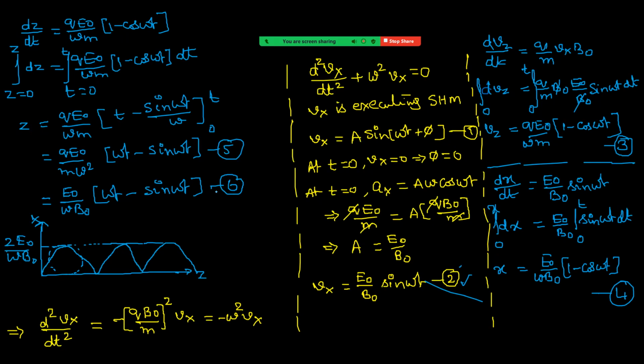That means when you take electric and magnetic fields which are mutually perpendicular, and release a particle, its path will be a cycloid. This is what we have to keep in mind. I hope you got that clarity. The main thing is the calculation: how we arrive at Vx, Vz, and next x and z. From the equations, we can decide the shape of the path.